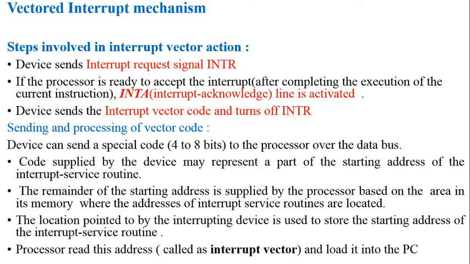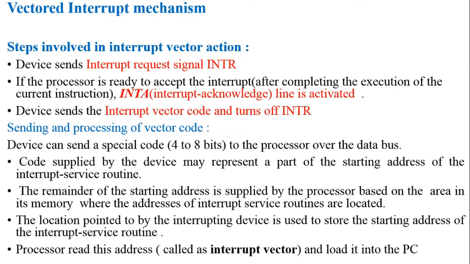This indicates a part of the starting address of the interrupt service routine which is going to execute for its interrupt request, and the remaining part of the address is provided by the processor itself. Combining these two pieces of information gives the exact starting address of the interrupt service routine.